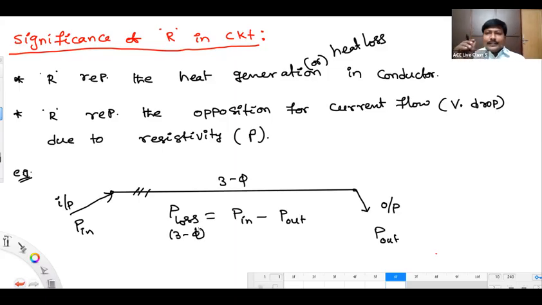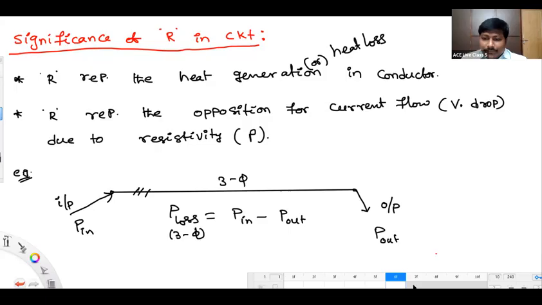Okay, listen. After knowing this number, what is the formula for the power loss from circuit analysis? It will be simply 3 into I square R. And you should match the 3 into I square R to this. By that way, we can get the resistance of the transmission line.